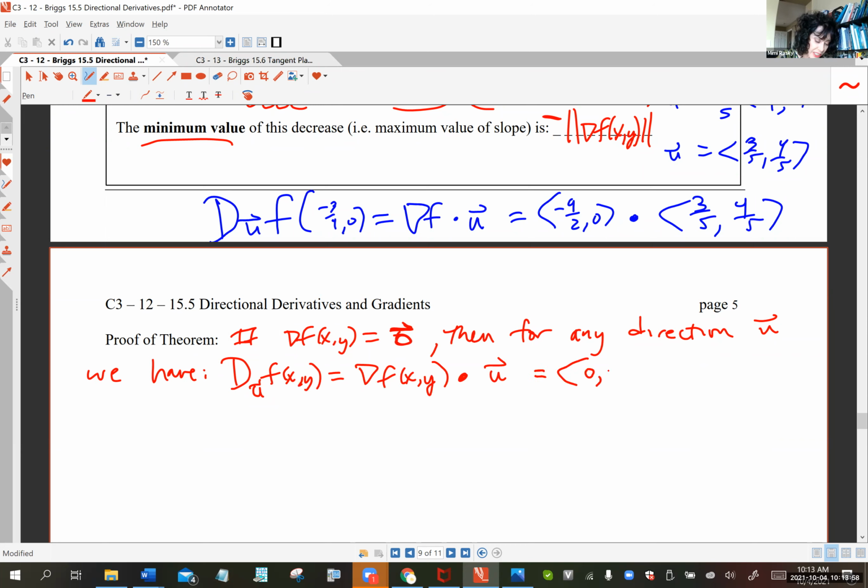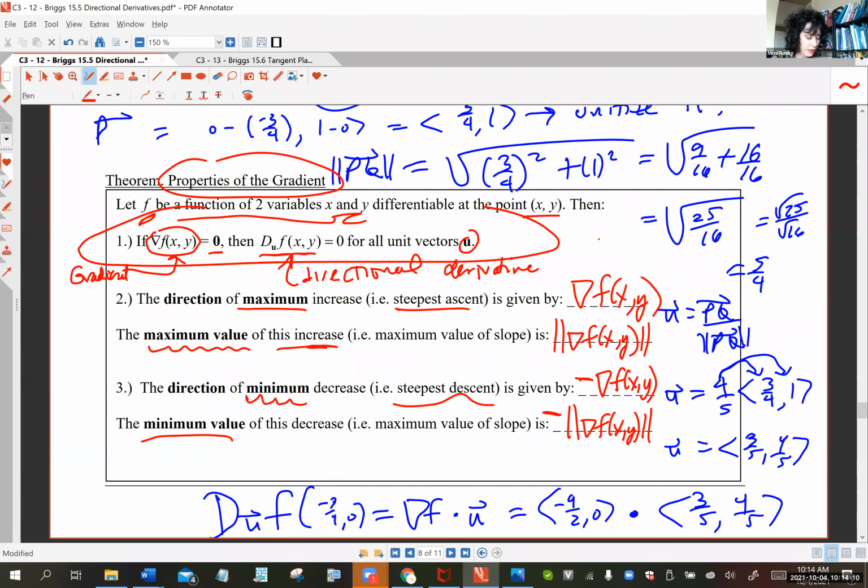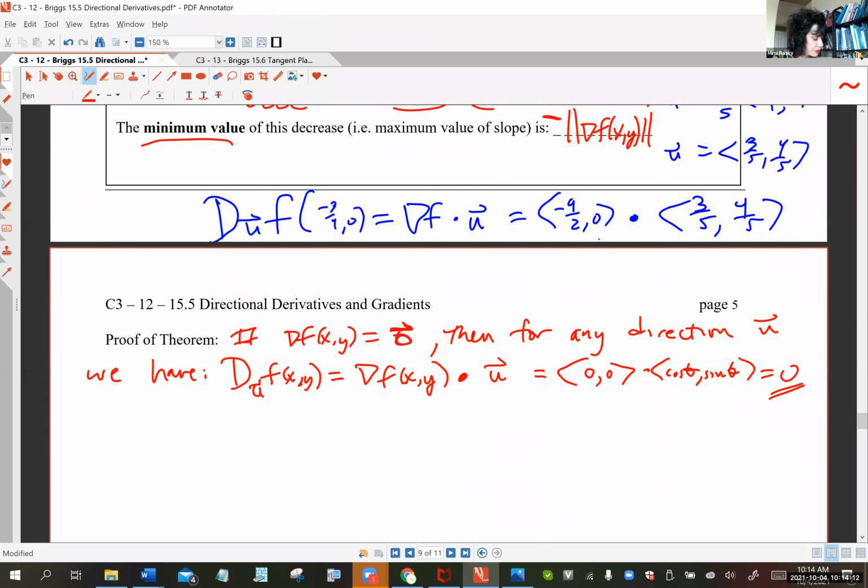It will be the dot product of the zero vector with the little cos theta, sine theta direction vector, and that's clearly going to be zero. Okay, and so I'm done with the first property there. That one was easy to prove.